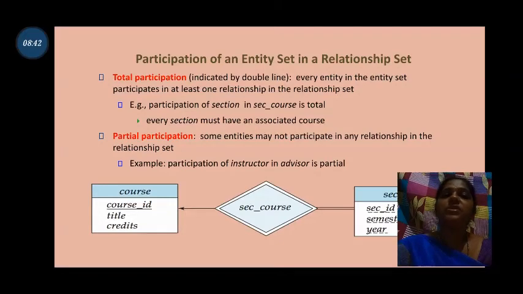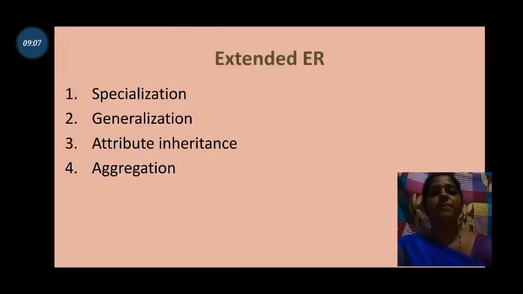And partial participation specifies some entities may not participate in any relationship in the relationship set. So here is an example. Here participation of section in section course is total, and participation of instructor in advisor is partial.